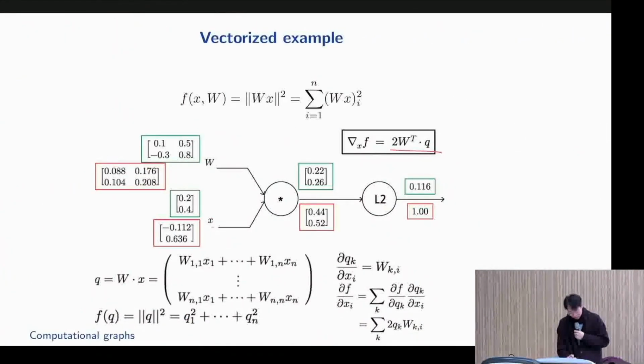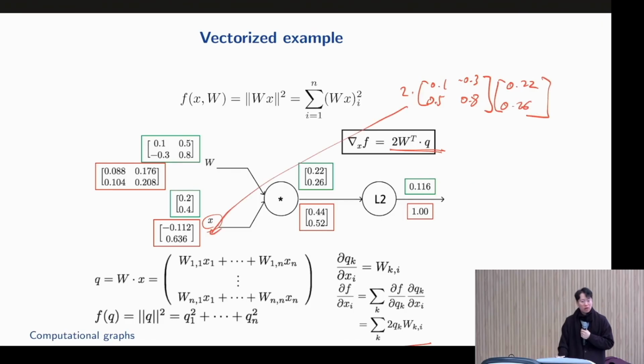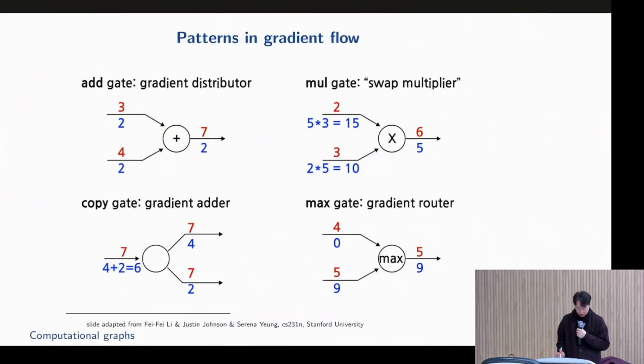And now we need to compute the df dx. And you can go through each element, or you can use multivariate calculus. And that's going to be 2 times W transpose times Q, which is equal to this guy. Right?